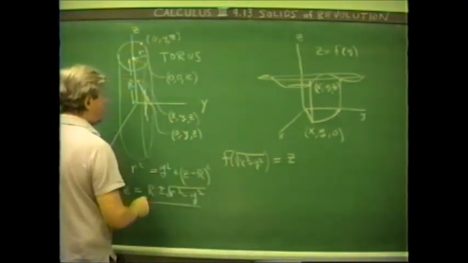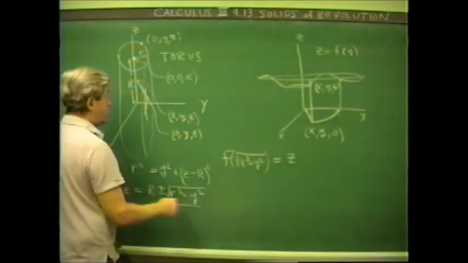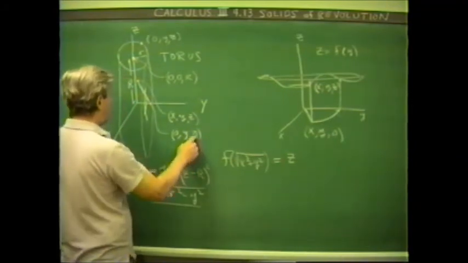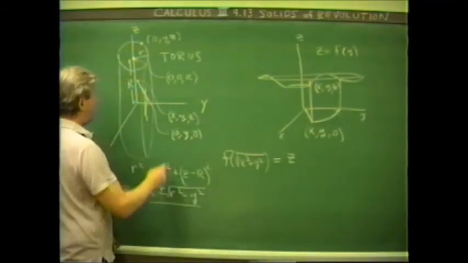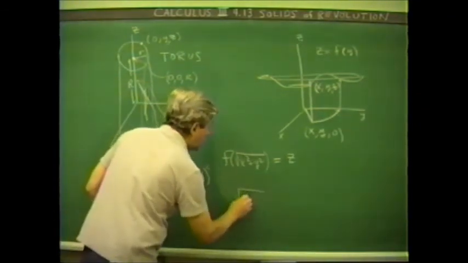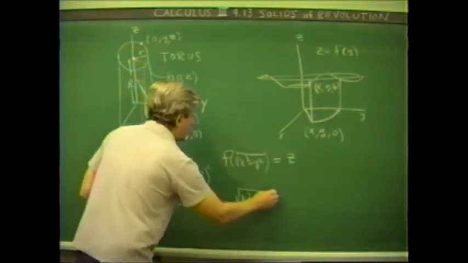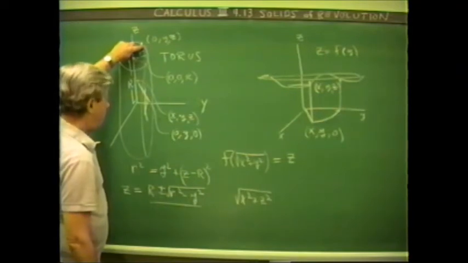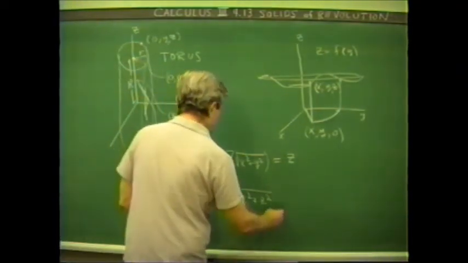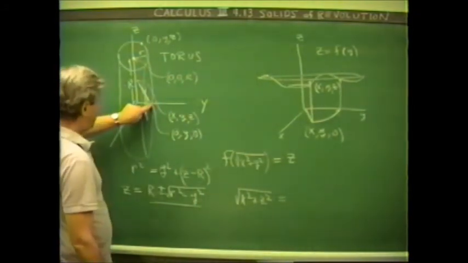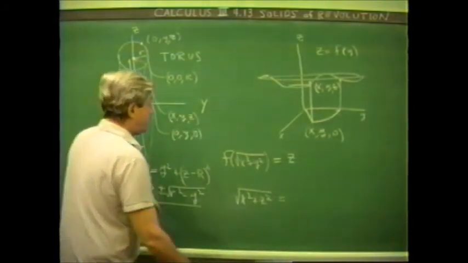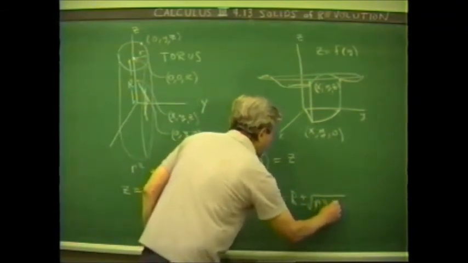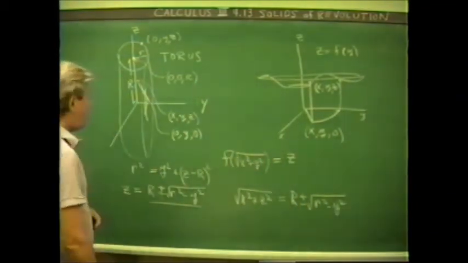We must have this distance, which is the square root of x squared plus z squared, the distance from (x, y, z) to (0, y, 0), must be equal to the value on the function. So this distance, the square root of x squared plus z squared, must be equal to R plus or minus the square root of r squared minus y squared.